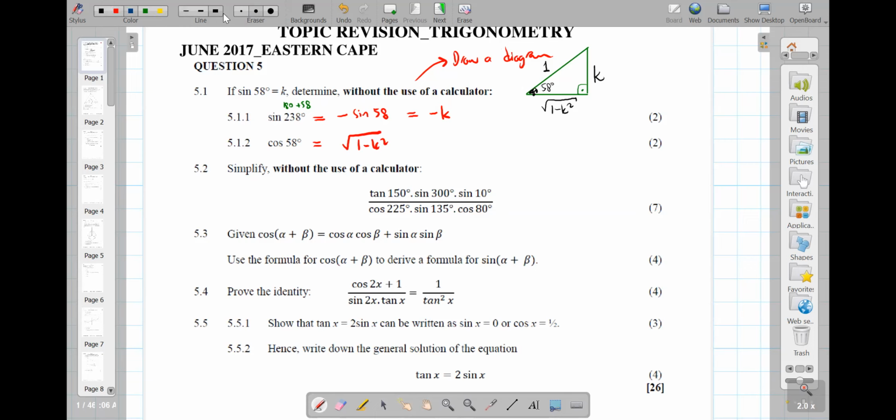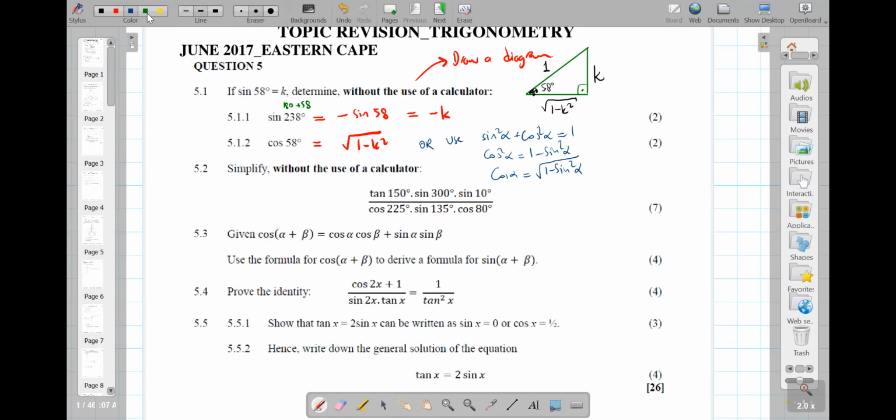So what could be the other way? The other way we can always go for is to use the idea of sine square plus cosine square is 1. So how does it work? You can say cosine square is 1 minus sine square, and so cosine is basically root 1 minus sine square alpha.